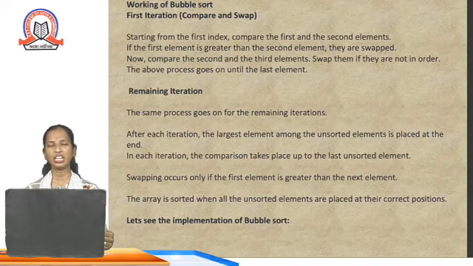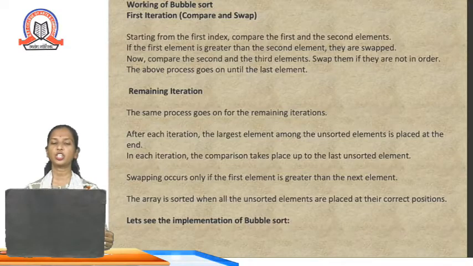Then in the remaining iterations, the same process is continued. After each iteration, the largest element among the unsorted elements is placed at the end. This is a point one has to take note of in bubble sort: after each iteration we make sure that the largest element is put at the end of the list or array.